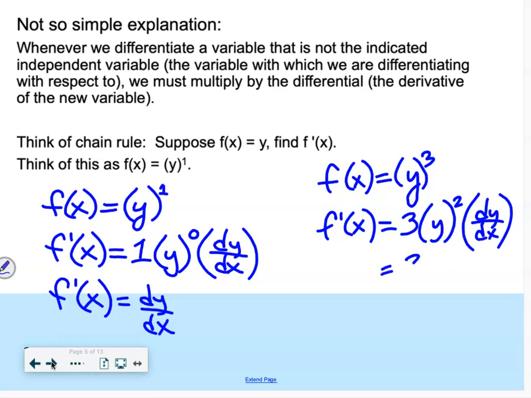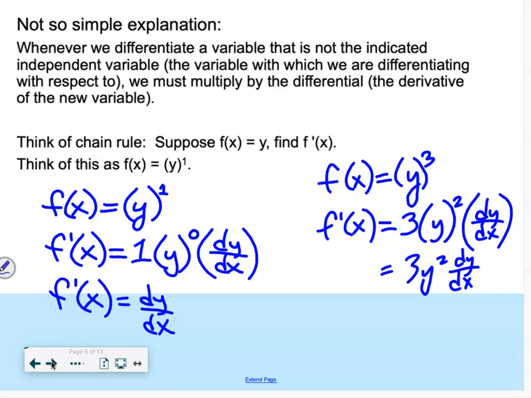So you end up with 3y squared dy/dx. Anytime your guts are a variable that's not the x, whenever you do your d guts, which you have to do every time, it's going to be that differential. It's going to be dy/dx.